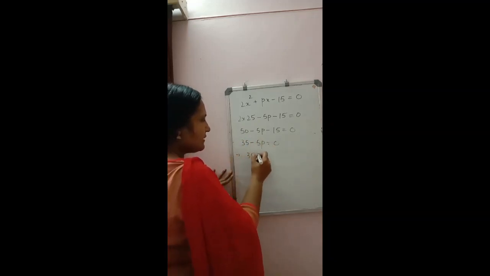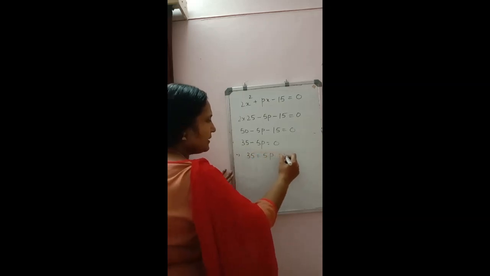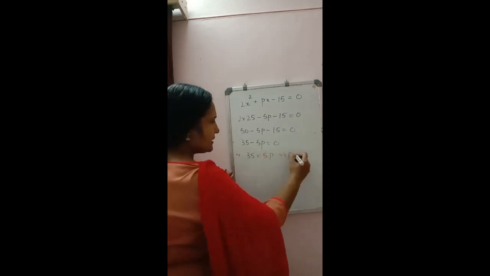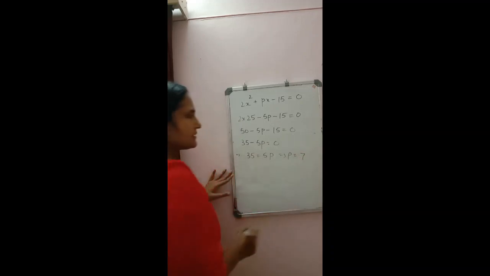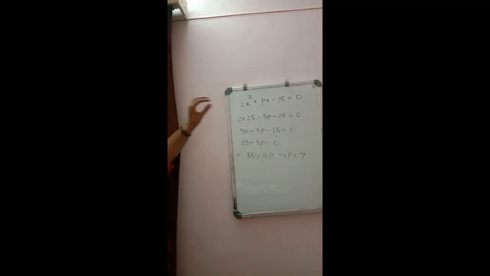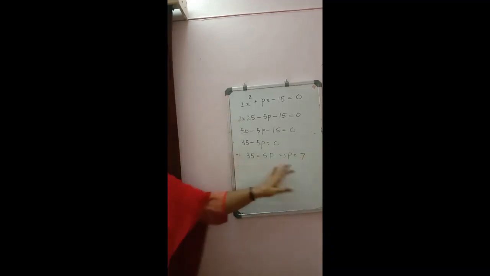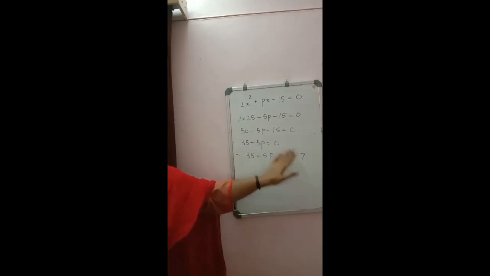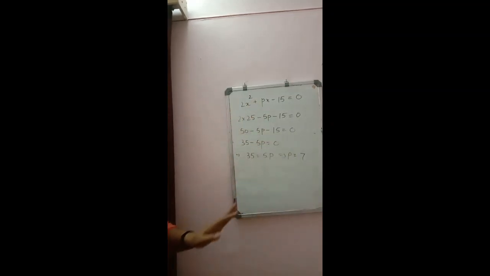So we get 35 is equal to 5p. 5 we can shift there, it will get divided. So we get p is equal to 7. This information is given just to find the value of p. You don't have any relation with the second question.